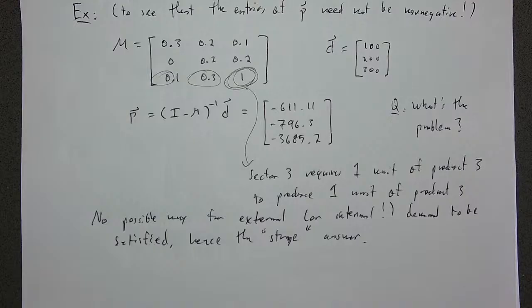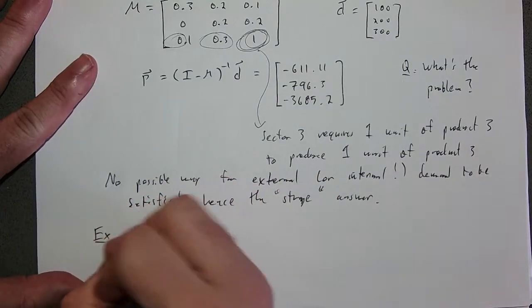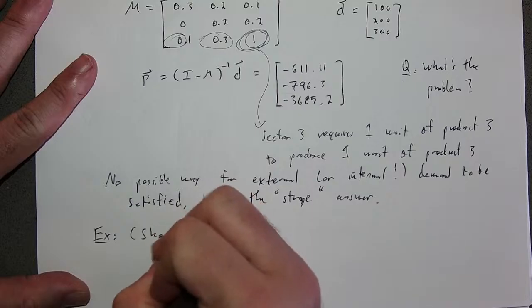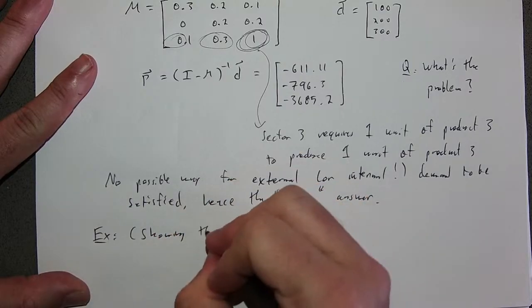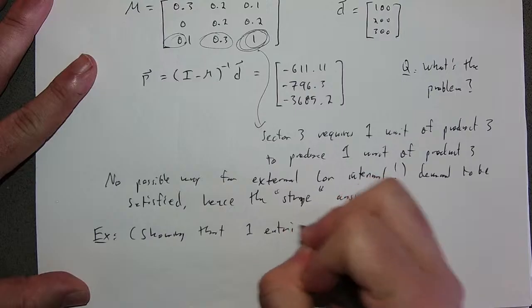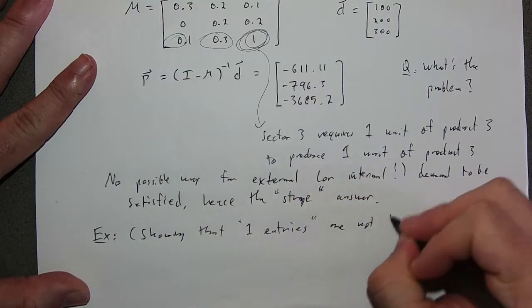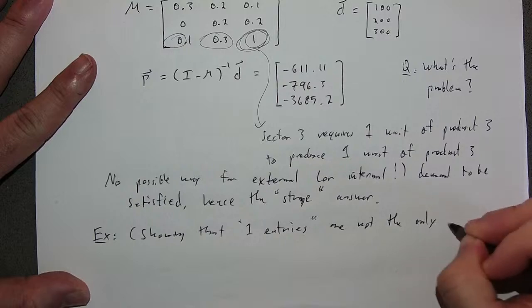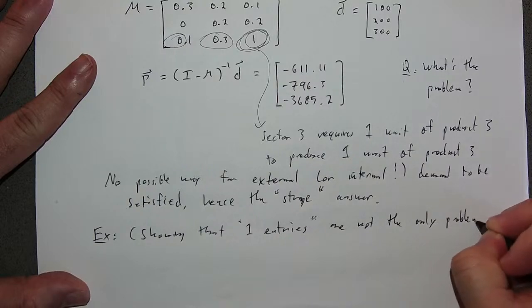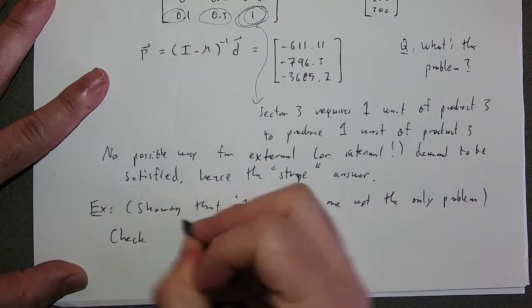Okay, so here's another example, showing that 1 entries are not the only problem. Here, check what happens.